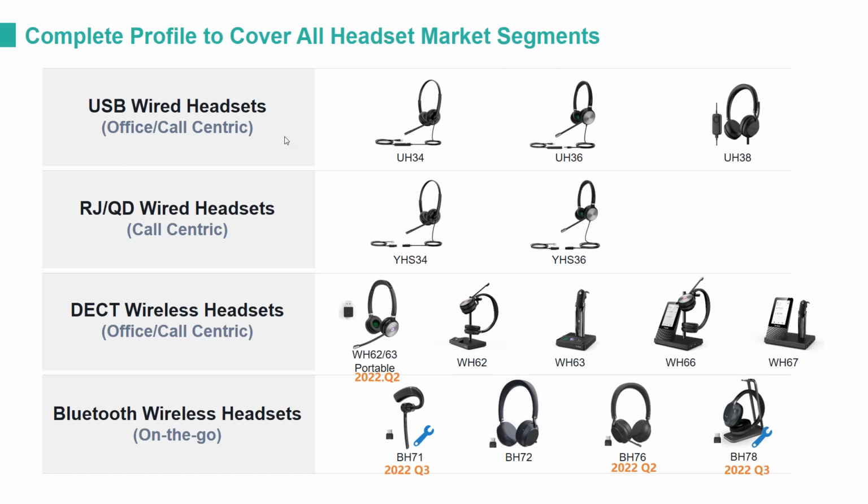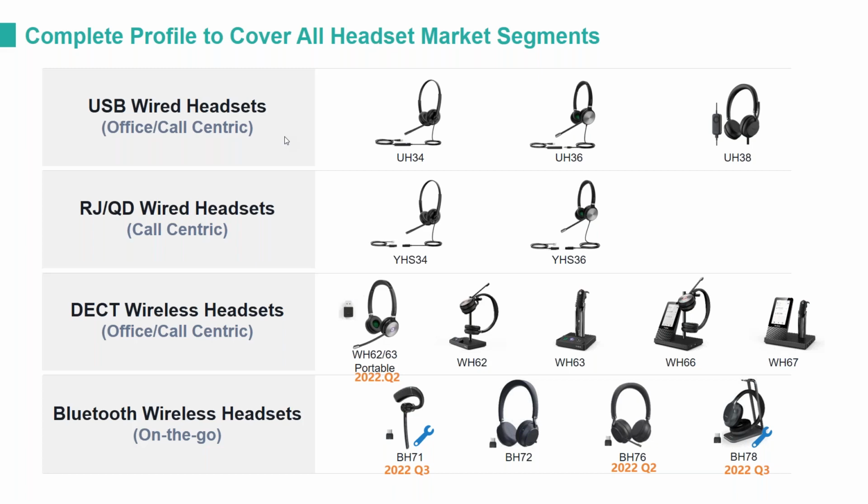We have another question. Does the firmware of the T46U, for example, support these headsets? I believe they do. The T46U are the new range of Yealink handsets, and these do work with the BH72.